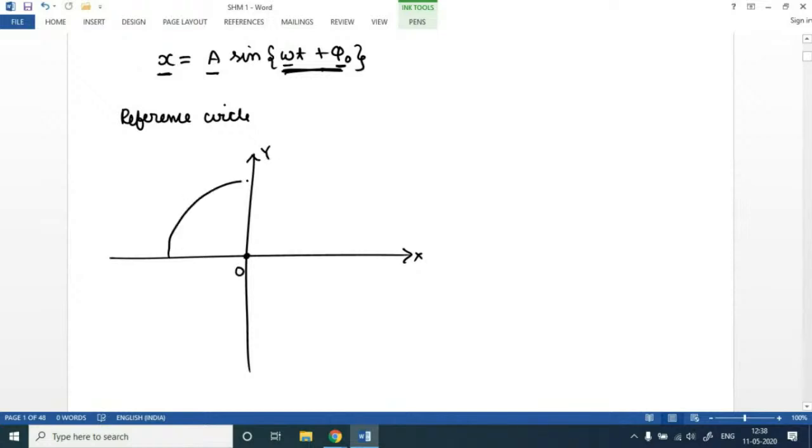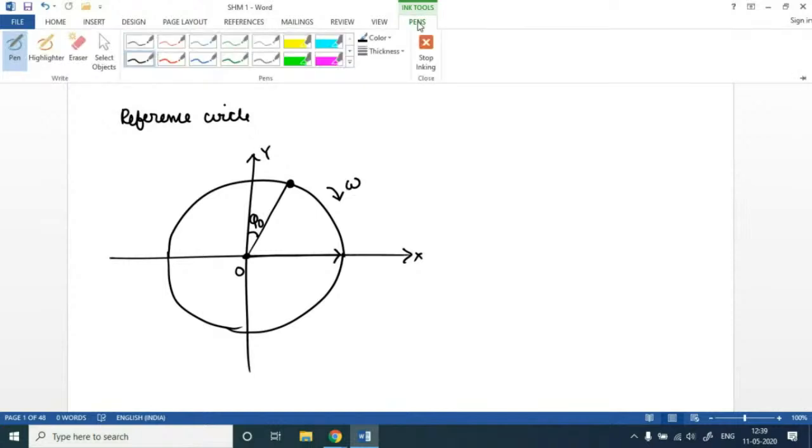Let's imagine a circle of radius A centered at the origin, and some particle initially is here. This angle is φ₀, and this particle is moving uniformly on this circular path with a uniform angular velocity ω.